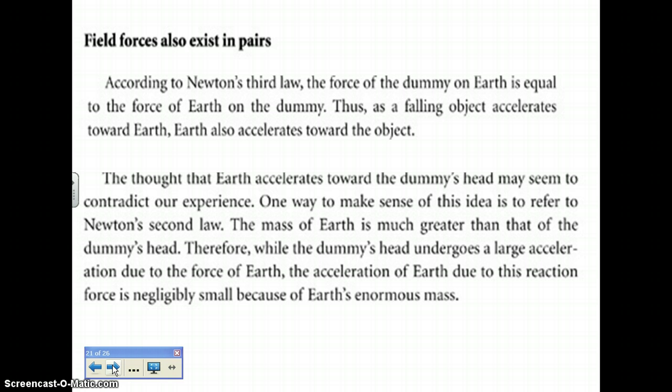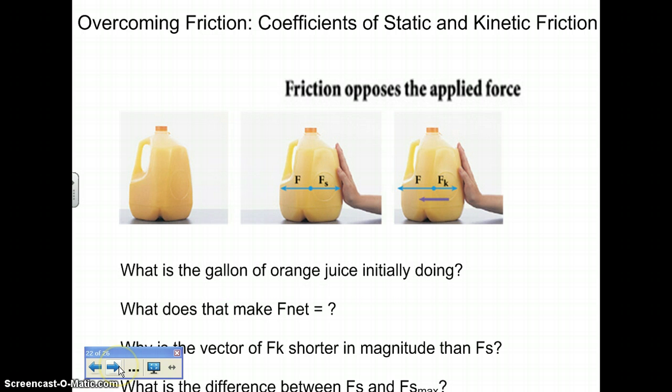So obviously the dummy is less massive when compared to the mass of the Earth. So although both objects are accelerating towards each other, you technically do not see the effects of the Earth accelerating towards this dummy. Makes sense? I mean, it's like a crazy concept, right? The Earth is really accelerating towards me right now? Yeah, it is. Moving right along.